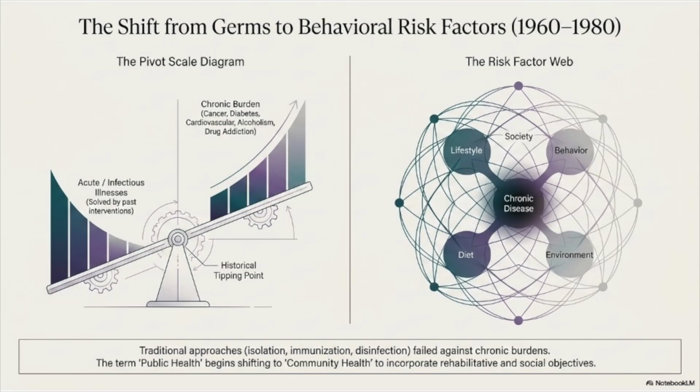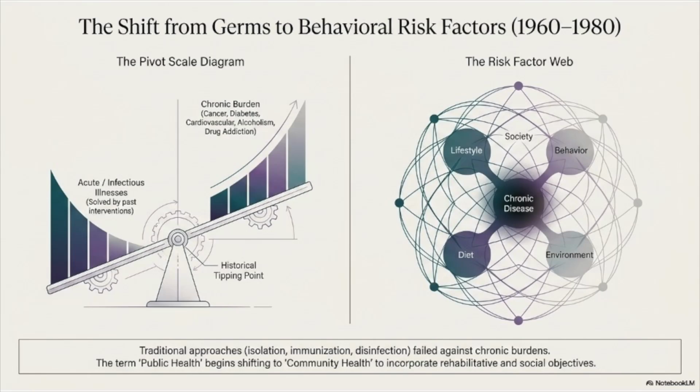Researchers realized that these diseases were strongly influenced by behavioral and lifestyle factors. Smoking, unhealthy diet, physical inactivity, alcohol consumption, stress, and environmental exposure became major areas of public health intervention. The focus shifted from germs alone to understanding risk factors and encouraging healthy lifestyles.